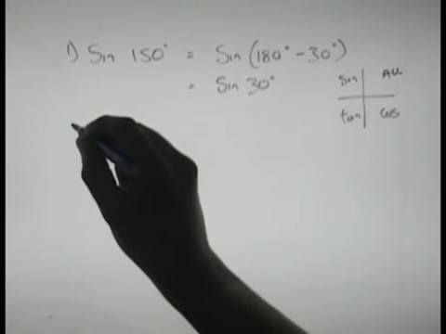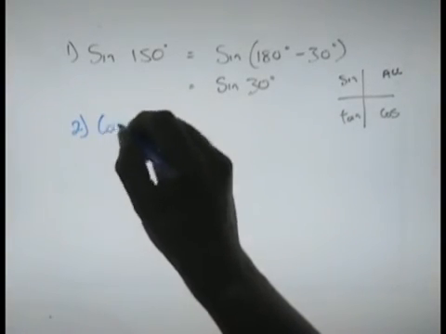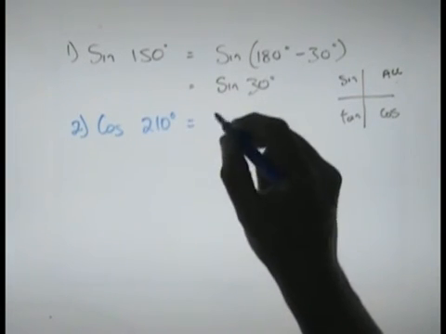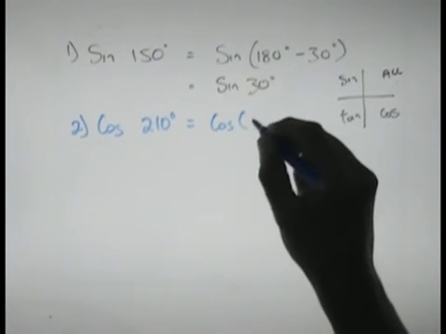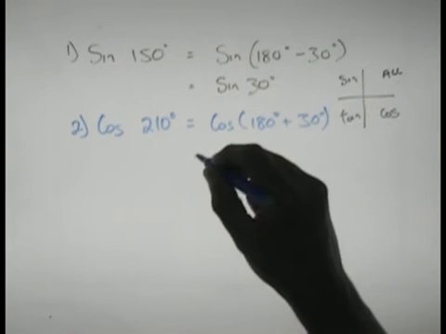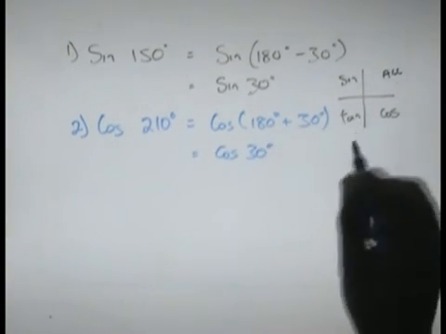The next one I gave you to do read cos of 210 degrees. That's going to equal cos of 180 degrees plus 30 degrees, which is equal to cos of 30 degrees.